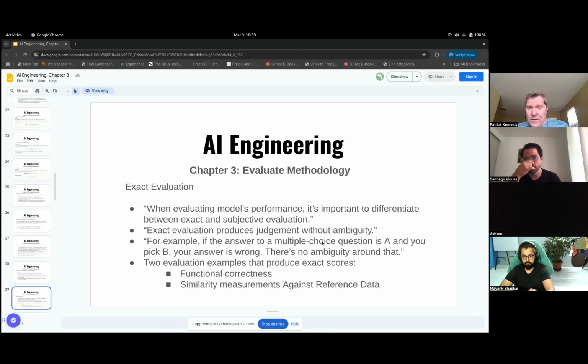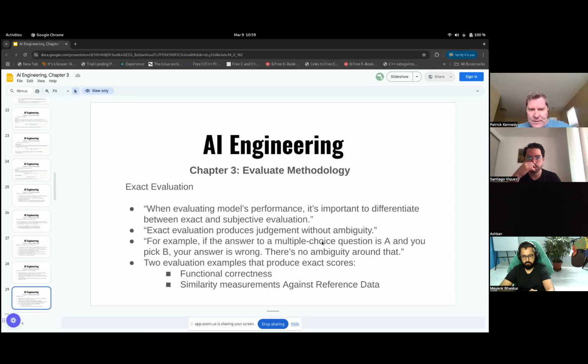And then there are two ways for exact evaluation to be exact. It could be functional correctness or similarity measurements against reference data. And that's just for being exactly correct.